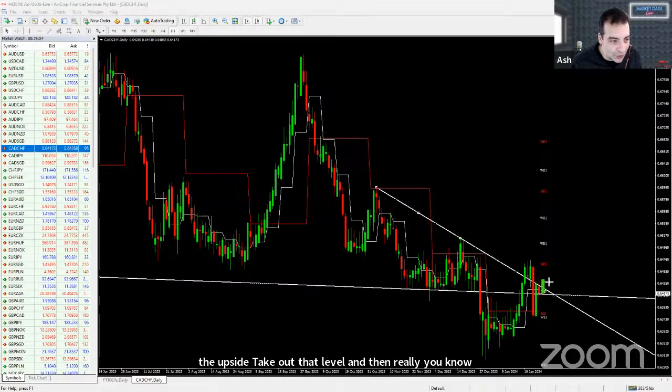and then really it's kind of your choice. Where do you want to get in? Anywhere where it comes and retests and holds would be good, but it might well decide that it wants to just hug this line for a little while before going and creating that inverted head and shoulders.